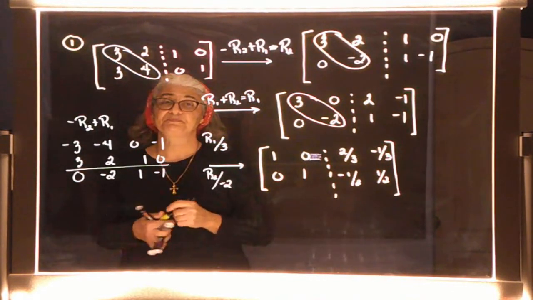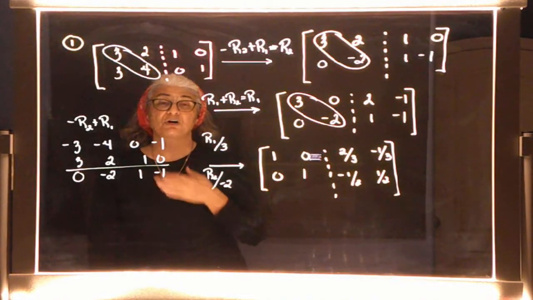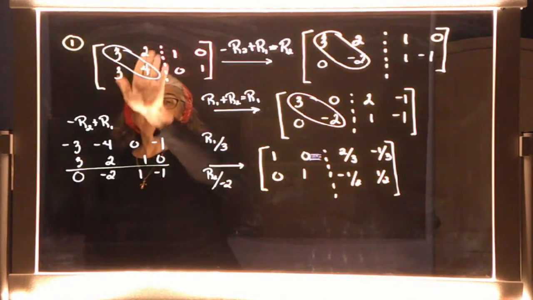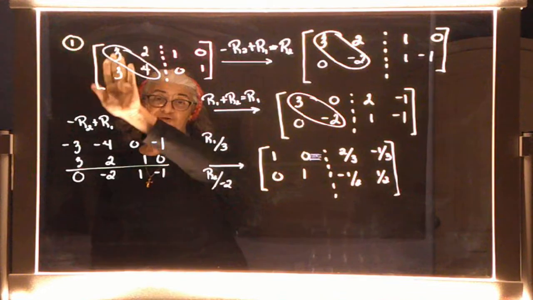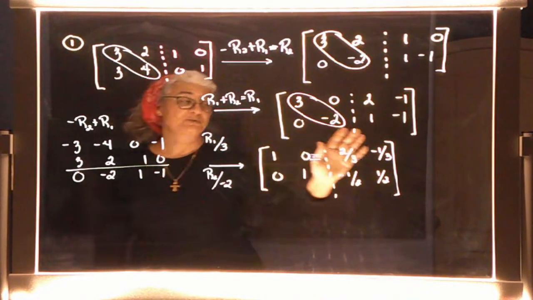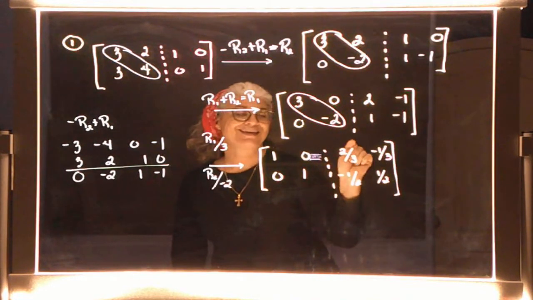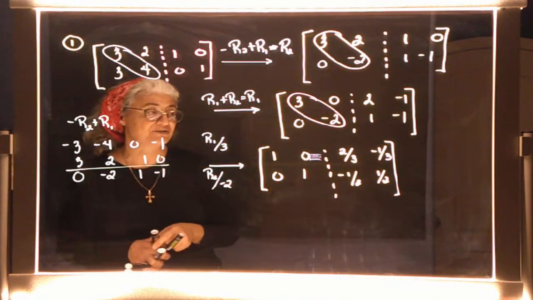Agreed? Okay, so notice we accomplished our goal. Our goal was to make this left side matrix to be the identity matrix, which we did. Which means this over here used to be the identity matrix. That's my inverse matrix now.